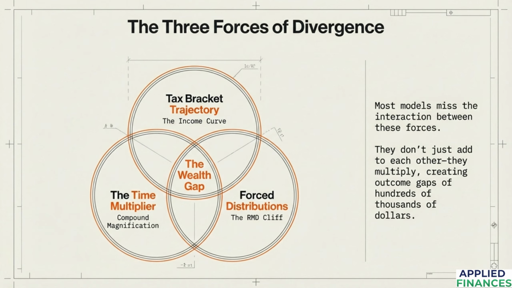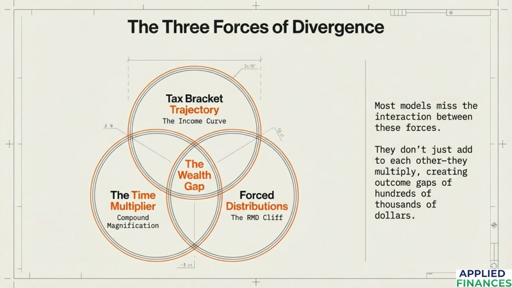The time multiplier represents the power of compound magnification over decades. Finally, forced distributions, or required minimum distributions, represent the cliff that many retirees face when the government dictates their income levels. What is critical to understand is that these forces do not just add to each other, they actually multiply.